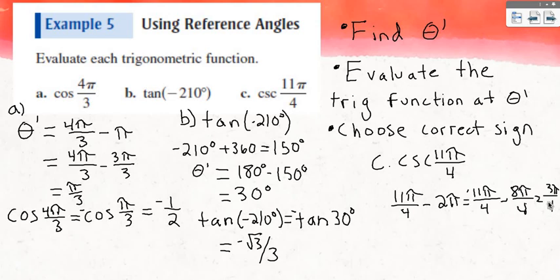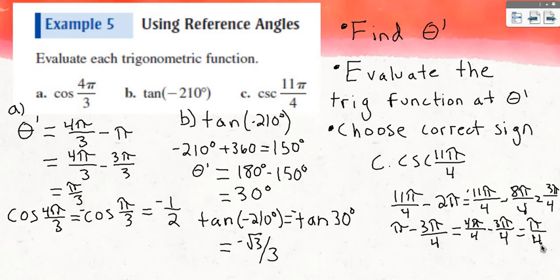And from there, we can see, oh, we're in our second quadrant, so I'm going to take pi and subtract off 3 pi over 4, which gives us pi over 4.